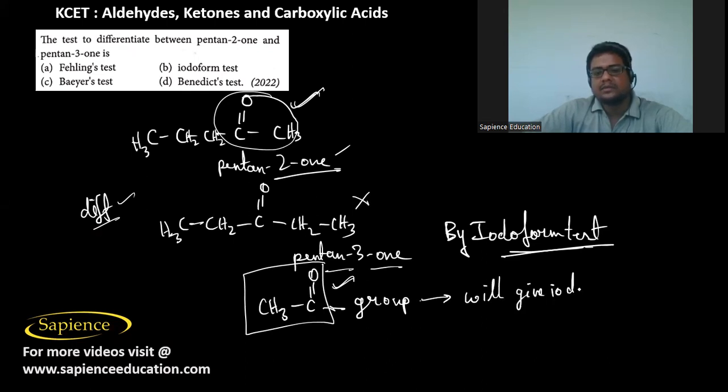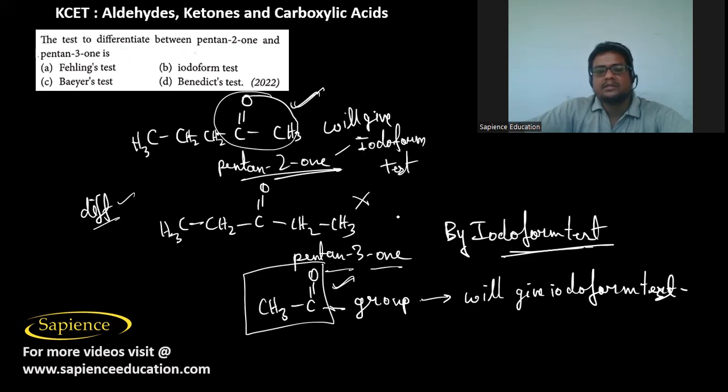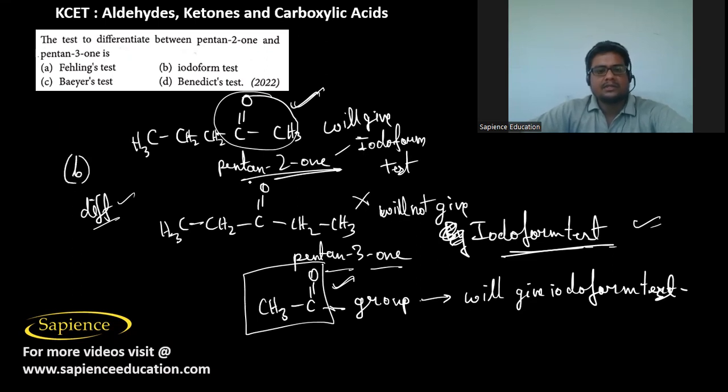So pentan-2-one will give the iodoform test, and pentan-3-one will not give the iodoform test. So simply by using the iodoform test, we can differentiate between pentan-2-one and pentan-3-one. So option B is the correct answer.